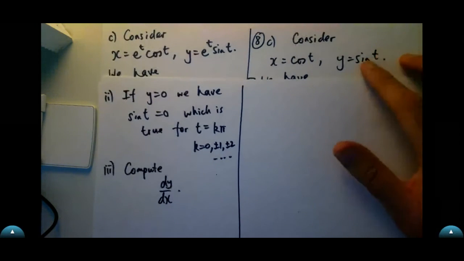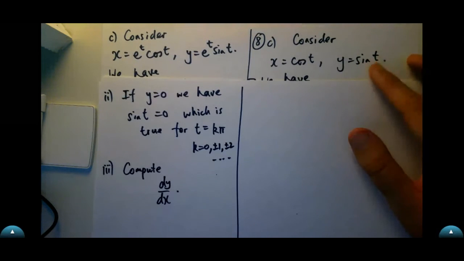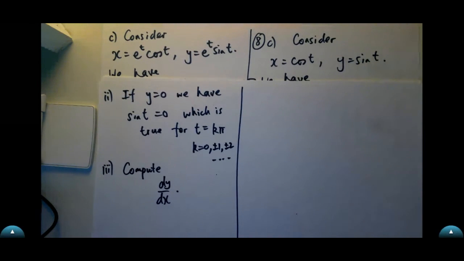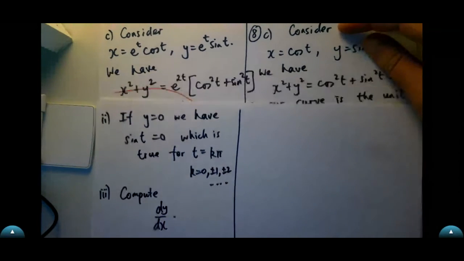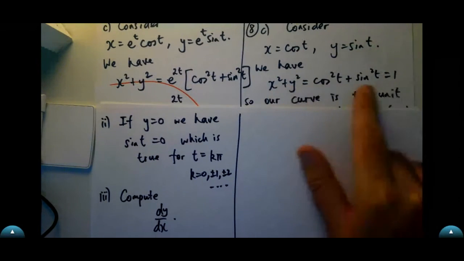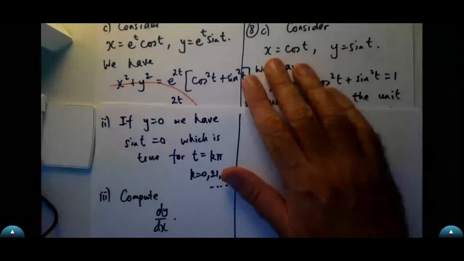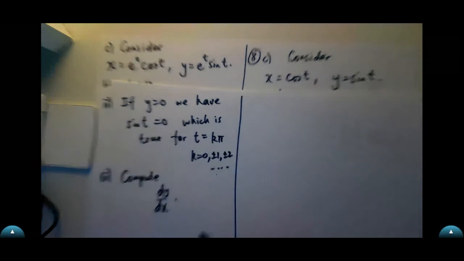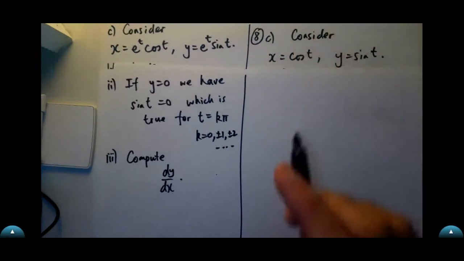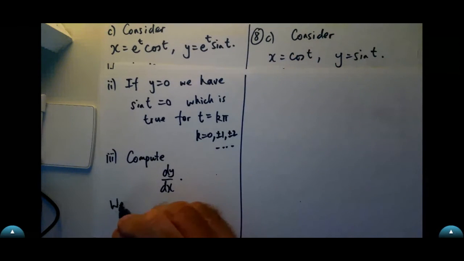Okay, now because this is a curve that involves a parameter, we can't just go straight out and differentiate this. You could say, well, we've got this curve in here, you could implicitly differentiate that, sure, but I don't think that's the point of this question. I think what they want you to do is to use the chain rule here. Okay, so let me show you how we do that.